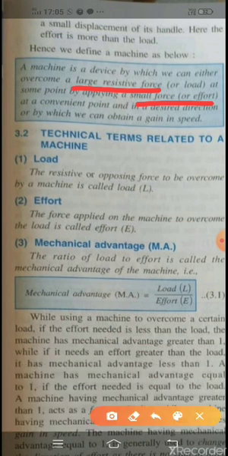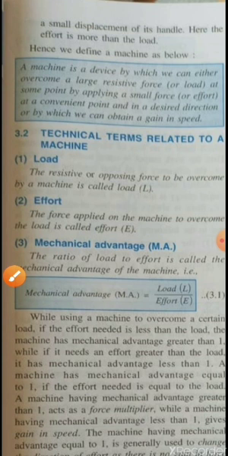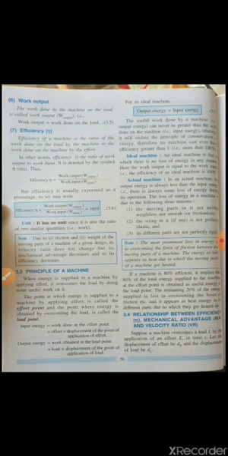Now you can all tell together again. A machine is used to overcome a large resistive force by using a small force. My resistive force is my load and my small force is my effort. I can apply this effort at any convenient point and in a convenient direction. So you call this your machine. Listen.